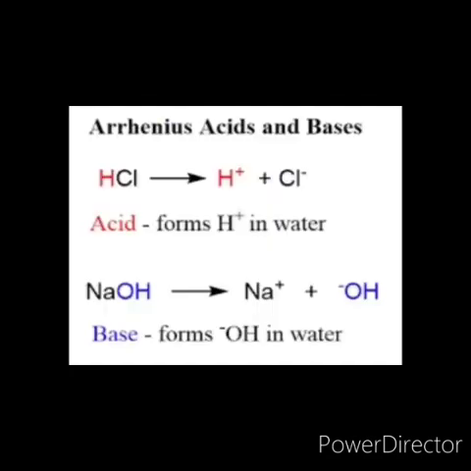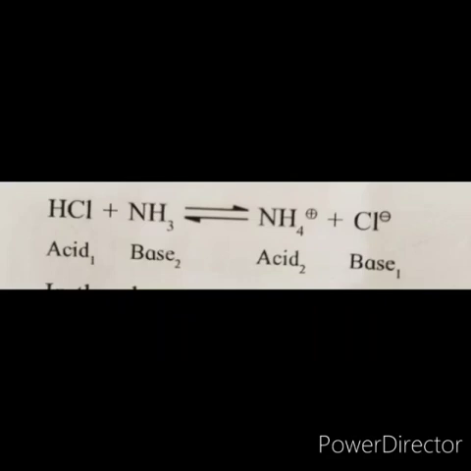We recall the three theories and the examples of these theories. First, Arrhenius: HCl gives H+ and Cl- ion for an acid, and NaOH gives Na+ and OH- ion. Second theory: HCl plus NH3 at equilibrium gives NH4+ and Cl- ion.